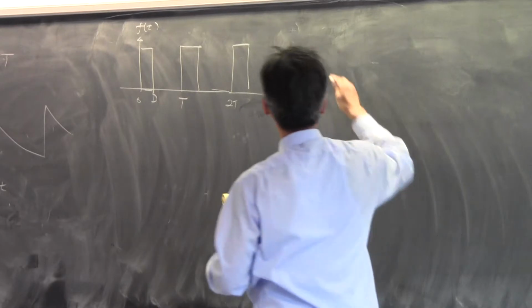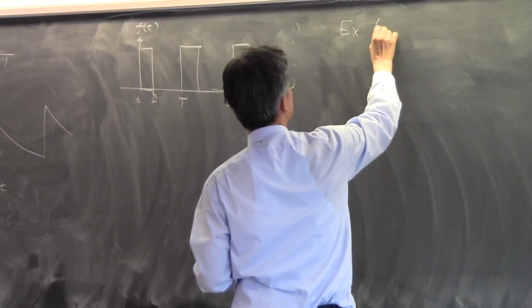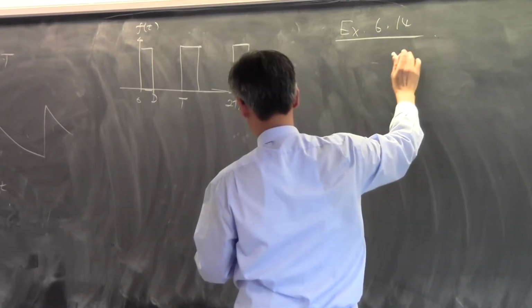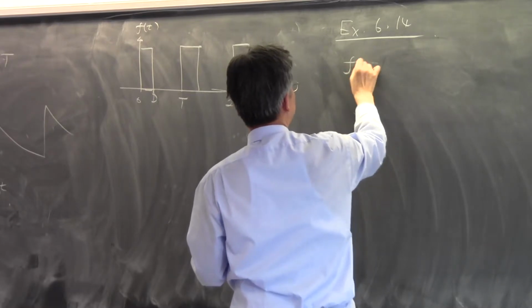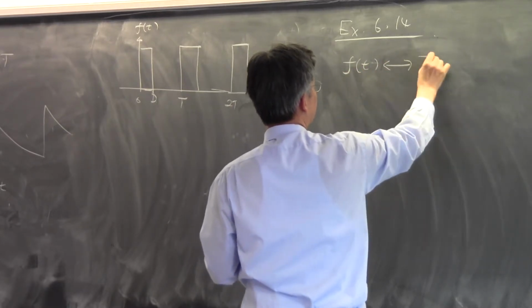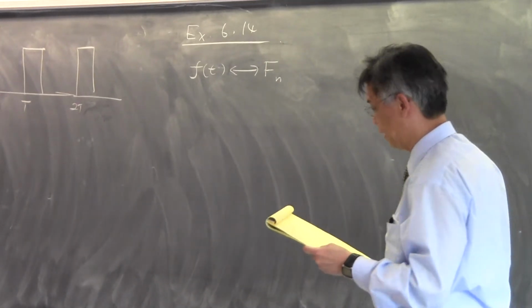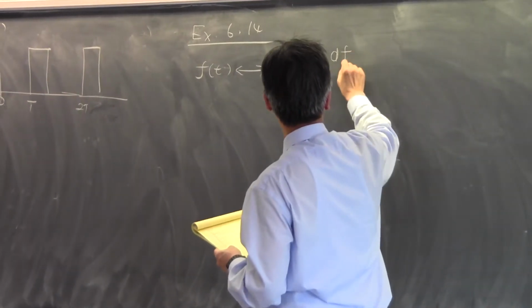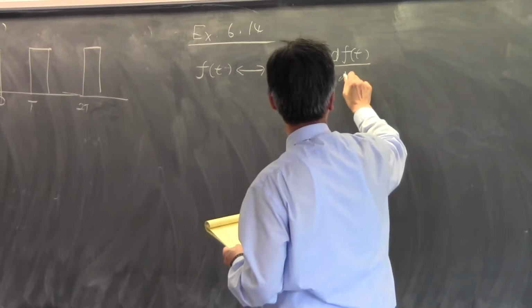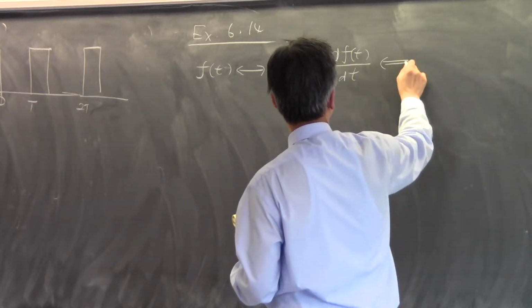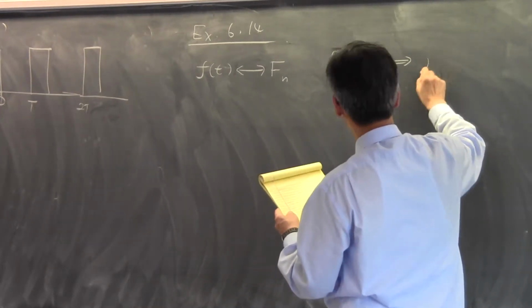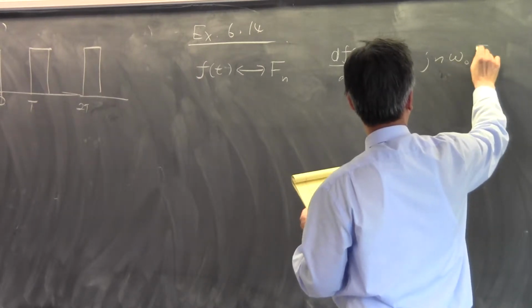Example 6.14 says this. If f(t) has Fourier coefficients that are given by capital F sub n, then f'(t), the derivative df/dt, would have Fourier coefficients that are given by jn omega naught F sub n.